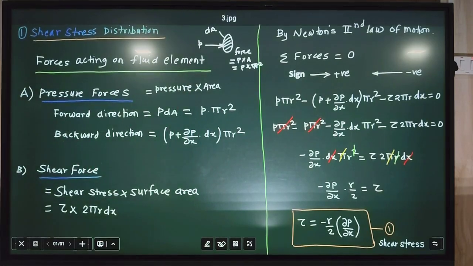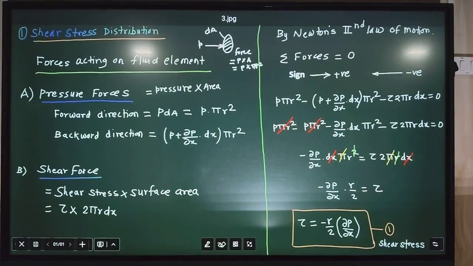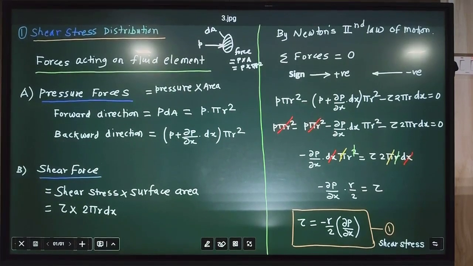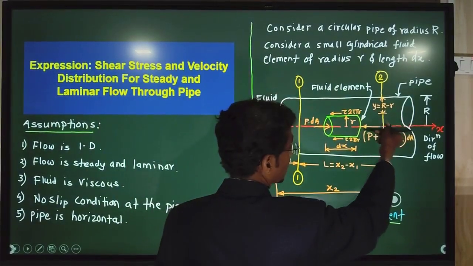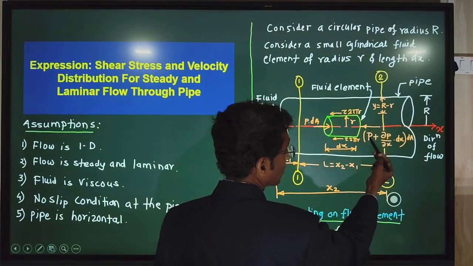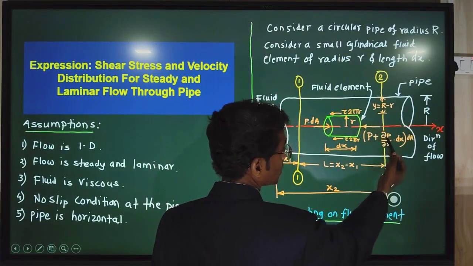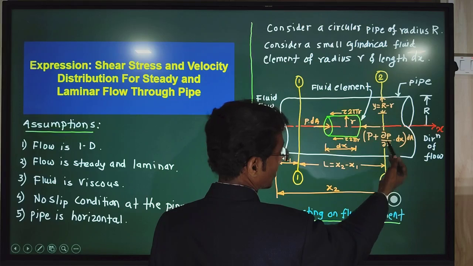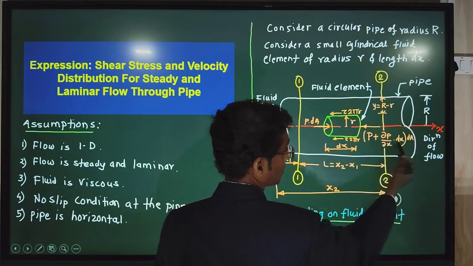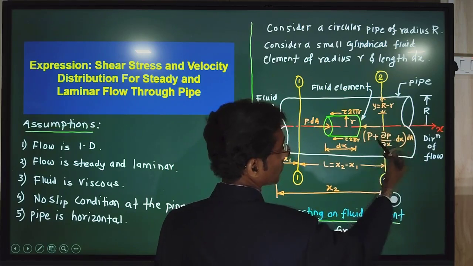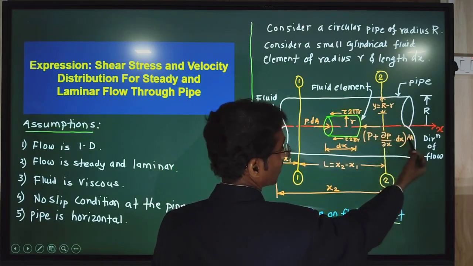Similarly, on the right side of the fluid element, the force is acting in the opposite direction. That is, P, the intensity of pressure, plus the change in pressure, delta P by delta x, that is the pressure gradient, into dx, into area. So this whole bracket is the changed pressure intensity, multiplied by the cross-sectional area.